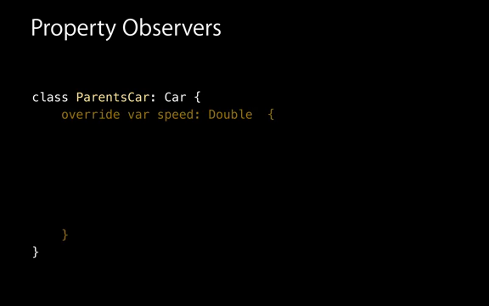So to do this, we still override a property. In this case, we're overriding the speed property we inherited from car. Note that this override is for a stored property, not a computed property, but it's still written in the same way. This time, however, we won't provide a custom getter and setter. We'll provide either a will set or a did set observer. And will set is called just before, did set just after the value changes.